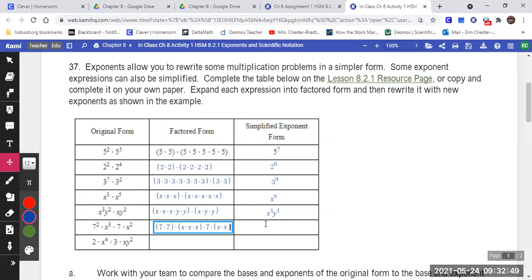Okay, now for each type we count. So what do the 7s say? Count how many 7s you see. That's going to be the exponent. 7 to the, how many 7s do we see? No. Count how many 7s we see in this whole row. 3. Yes, because I see 1, 2, 3 of them. Same thing for the X's.